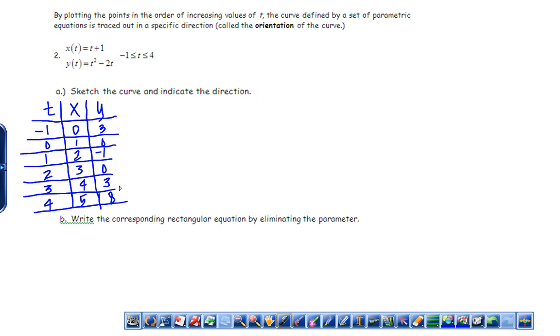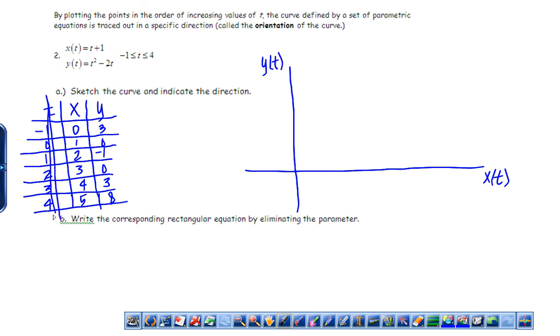And again, when I'm graphing, which I'm about to do right now, I am graphing my x of t and my y of t. I'm not using t at all, okay? So my x values are 0, 1 through 5. And I'm going to go ahead and just use these values as is.